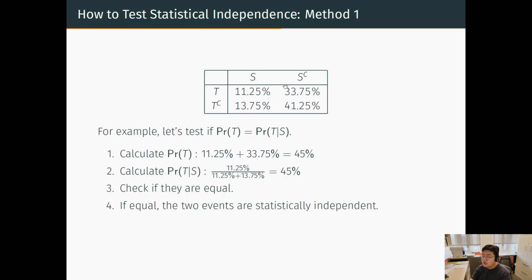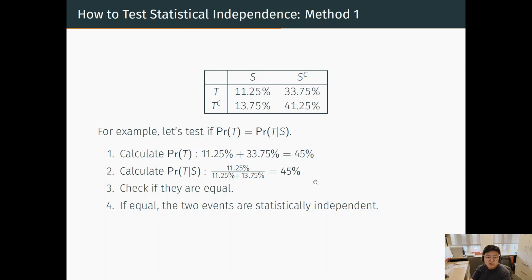Out of 4 types, we are interested in these 2 types. So sum them, then you get 45%. But when you condition on S, you delete the second column and only use the first column. The denominator is the sum of these 2, and the numerator is T, one entry. That is also 45%.